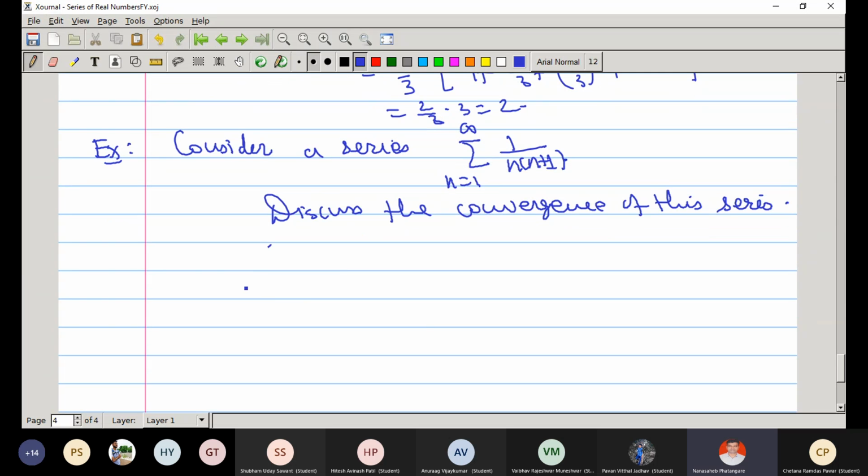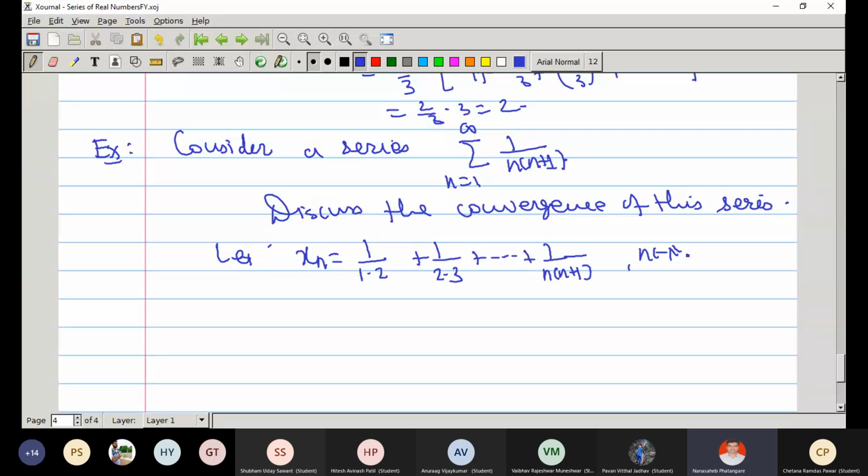So what is the first step? Let us consider the sequence of partial sums. Xn is equal to 1 upon 1 into 2 plus 1 upon 2 into 3 plus up to 1 upon n into n plus 1. Do you understand this?